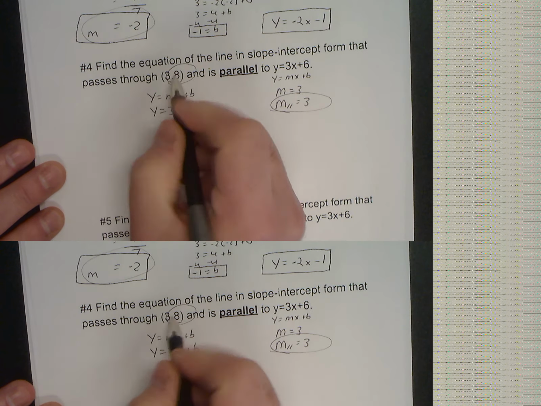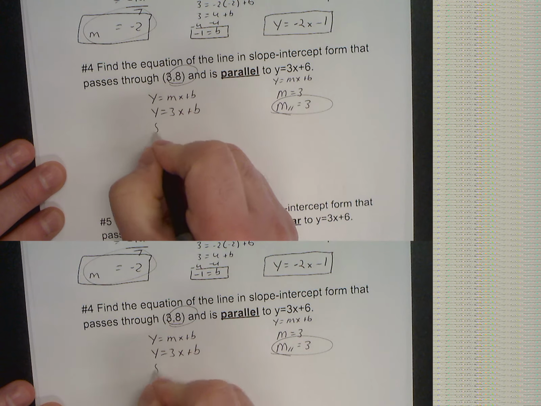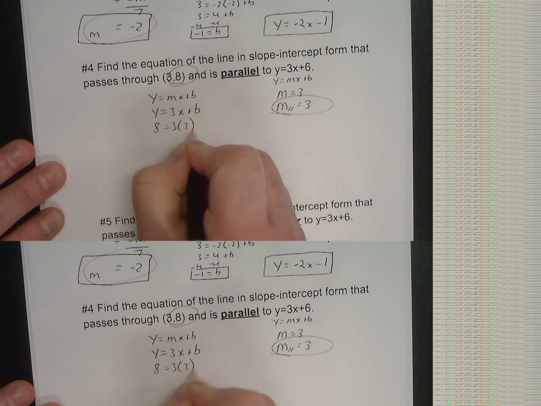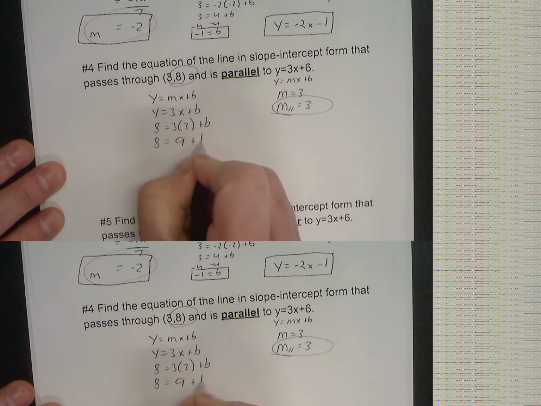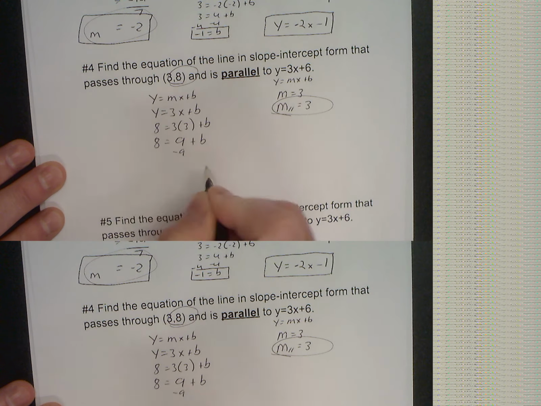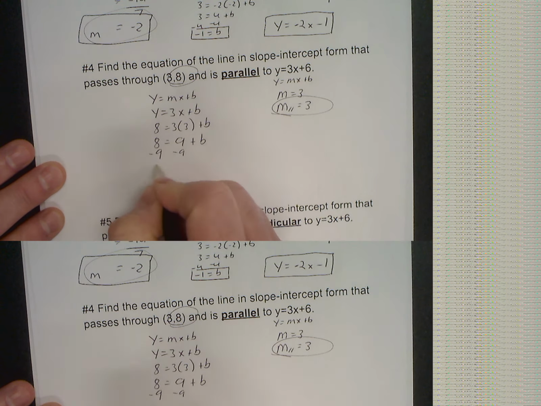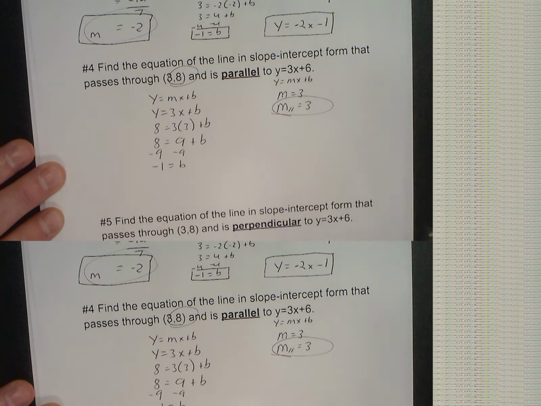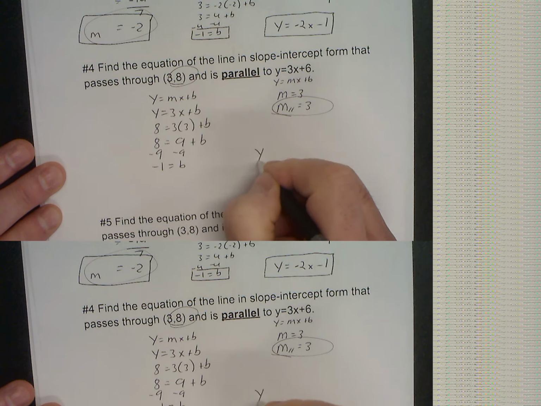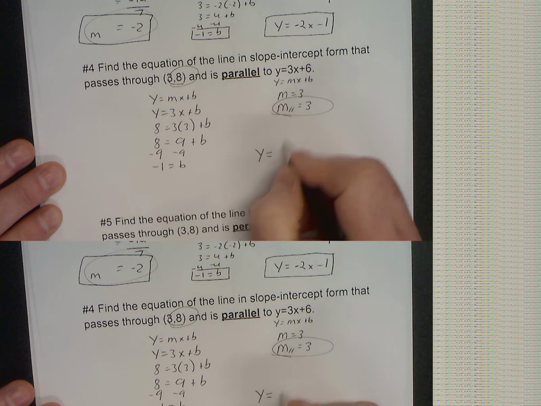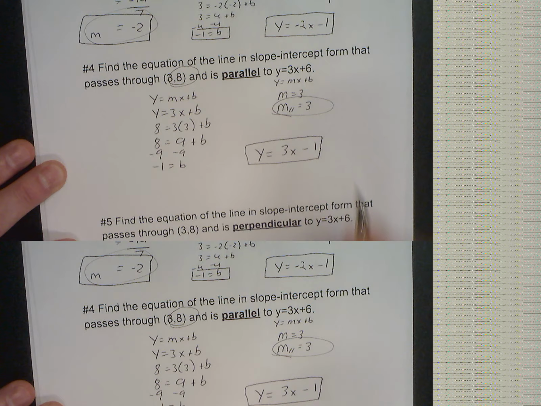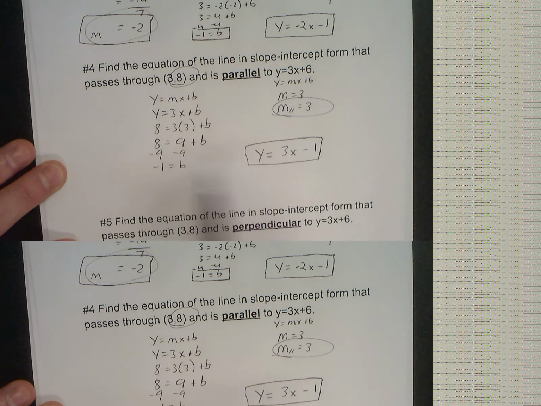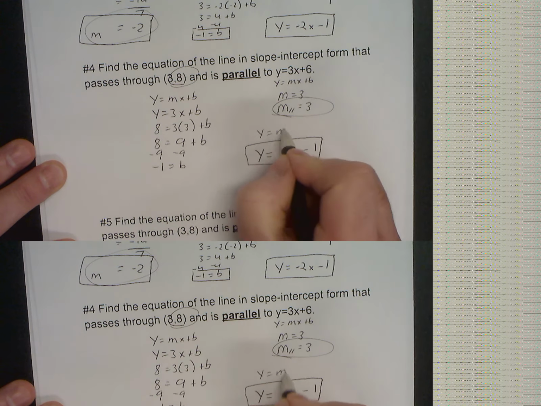Let's put, these are my x, this is my y, 8 in for y, 3 in for x. 8 is equal to 9 plus b, minus 9 from both sides. I get -1 is equal to b. y-intercept of -1 again. What's the chance of that? I don't know. So y equals 3x minus 1 is my answer to that question. m was 3, b is -1. Remember, I plugged it into y equals mx plus b.